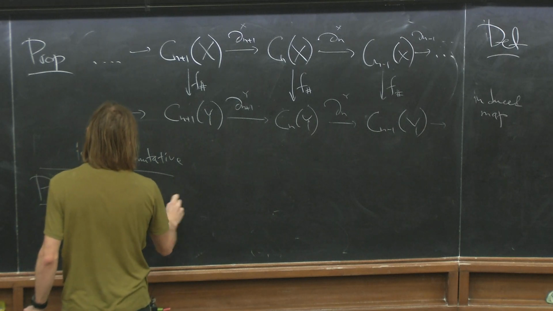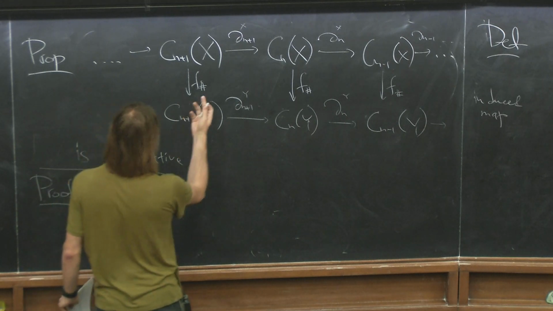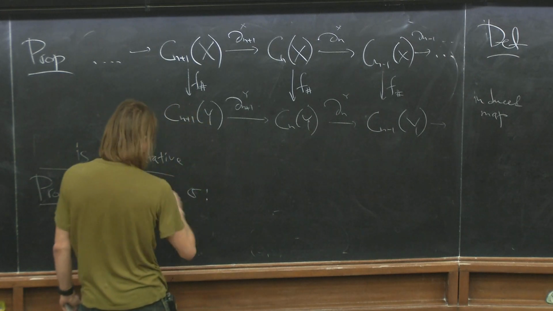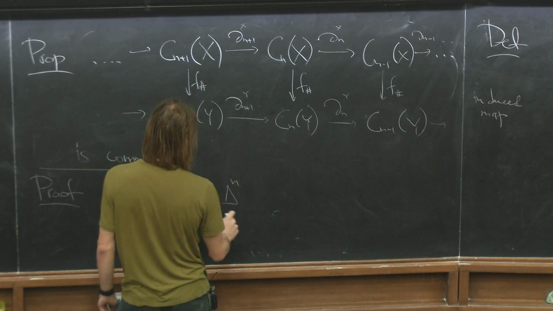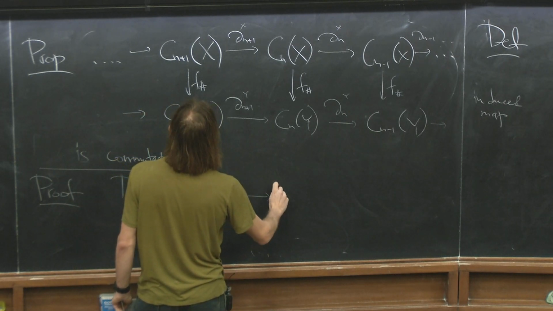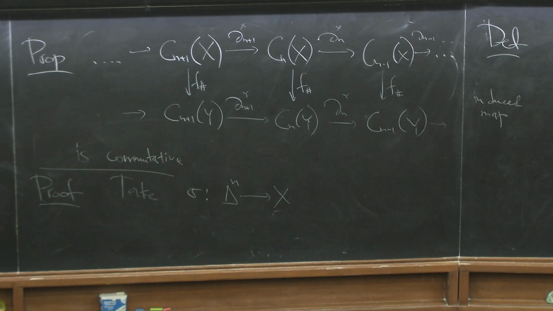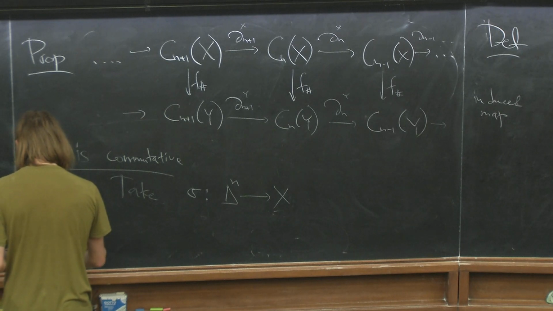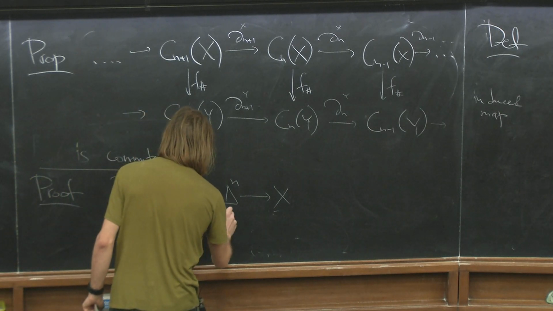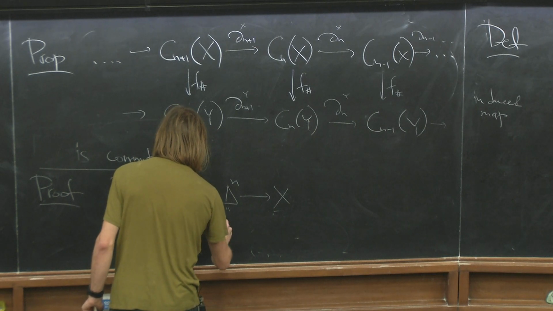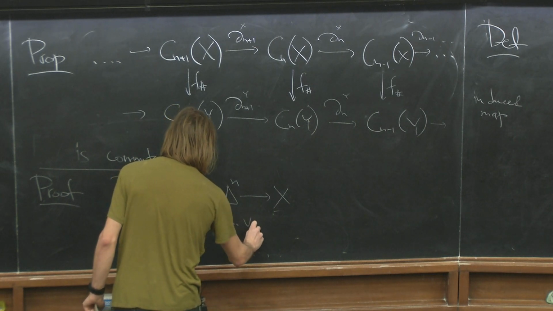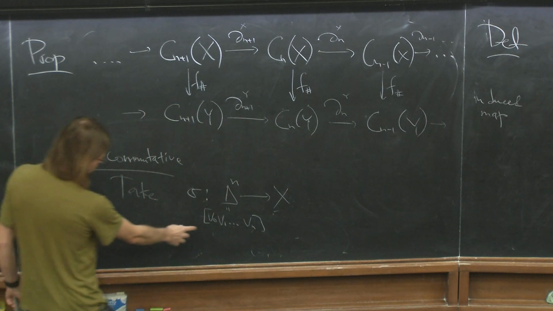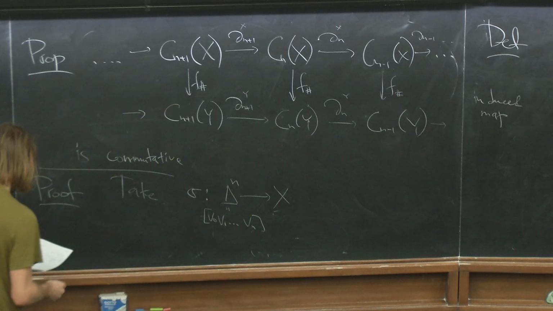Take a generator, just one singular simplex sigma, delta n to X. And let's fix notation for its vertices, V0, V1, up to Vn.